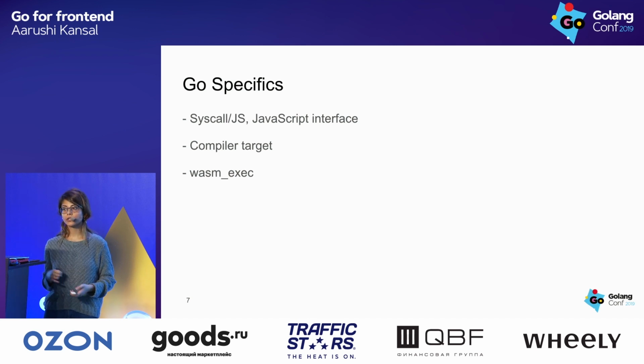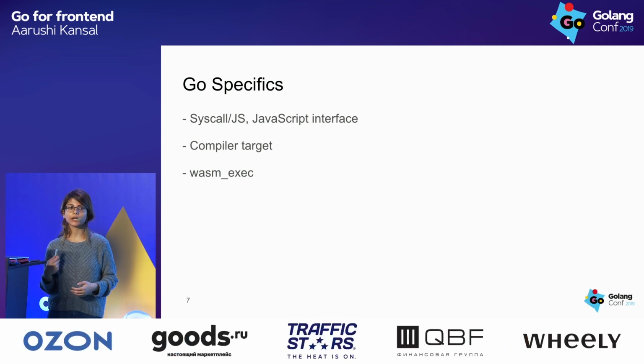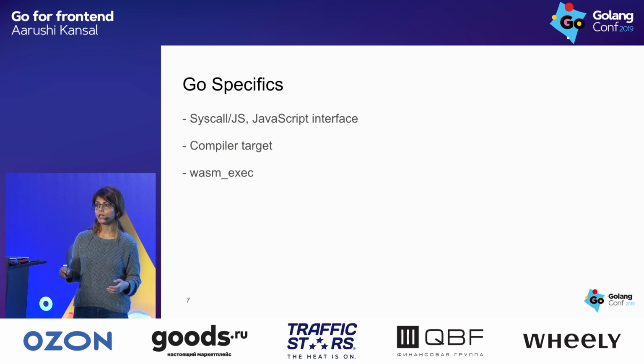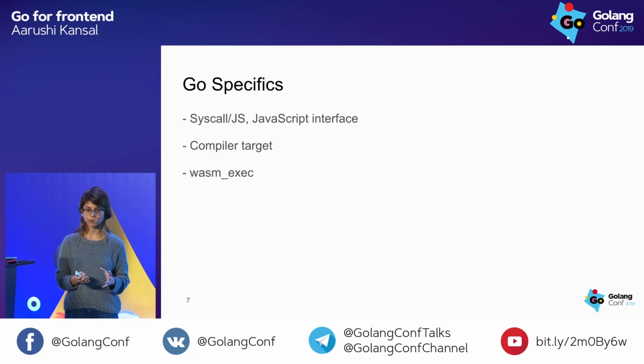And then the important thing is this wasm_exec file, which is just a JavaScript file with a few different responsibilities. So number one, it sets up a Go object, a Go class, which we then instantiate and run. What this Go class does is allow you to use all of those JavaScript functions in that syscall.js package.